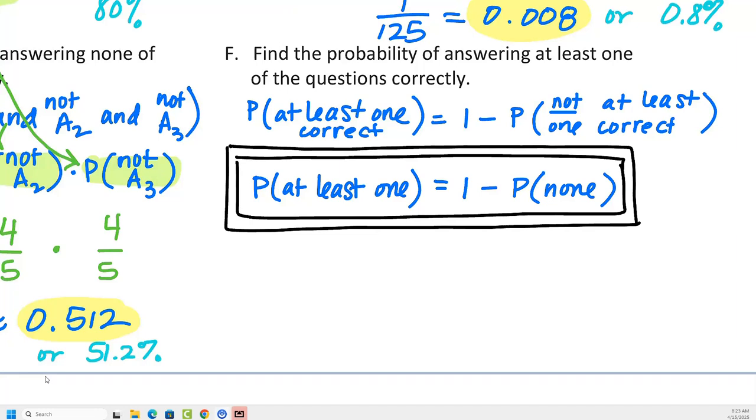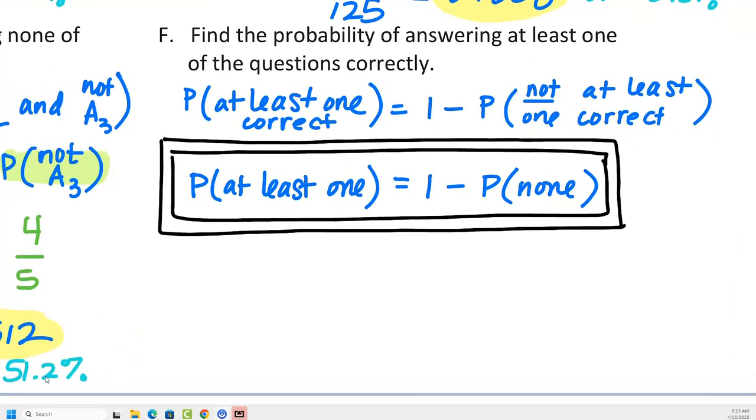So we want to memorize this. Or you could just find the probability of none correct, and if you subtract that from 1, that should encompass all the other scenarios.